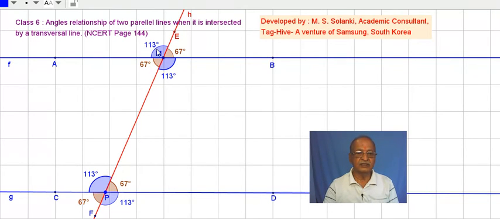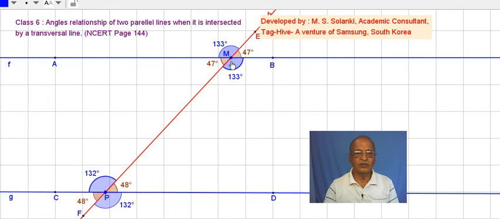You see 113, 113, 67, 67. This 67, this 67, 113, 113. These are matching. It means it will satisfy all the three conditions which we have already discussed.